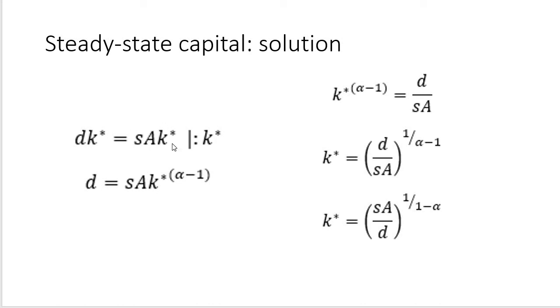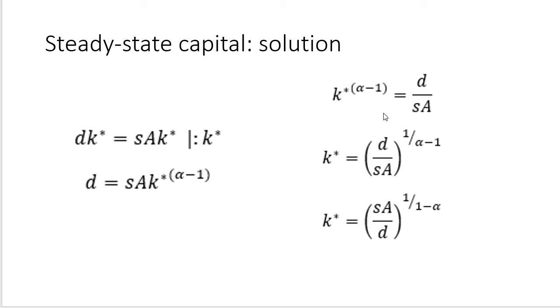So in this case, net increase in the stock of capital is equal to 0, and then you just solve. First I divide both sides of this equation by k star, where k star stands for the steady state stock of capital, and I replaced k with k star because I already introduced the equilibrium condition. So you divide both sides by k, this is what you get.